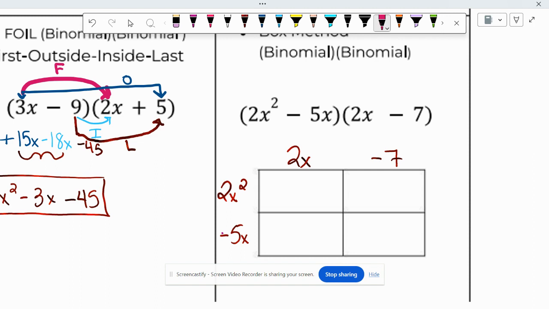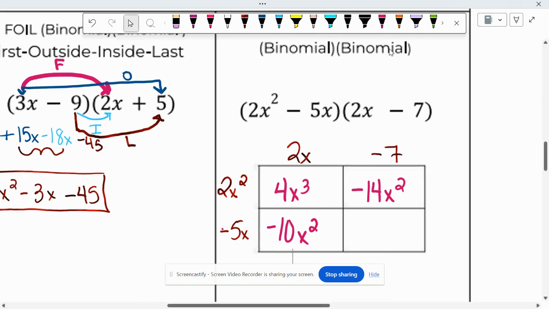Let's see, what is 2x squared times 2x? 4x cubed. What is 2x squared times negative 7x? Yeah, negative 14x squared. What is negative 5x times 2x? Negative 10x squared. And lastly, what is negative 5x times negative 7?